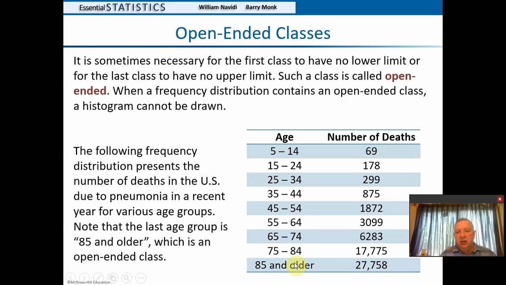These are only going class widths of 10. So this one's going 75 to 84, 65 to 74. This one could be anywhere 85 to 95, possibly 105. But that's the open-ended class. That last one does not meet our usual criteria, and it's just kind of get everything else out there.